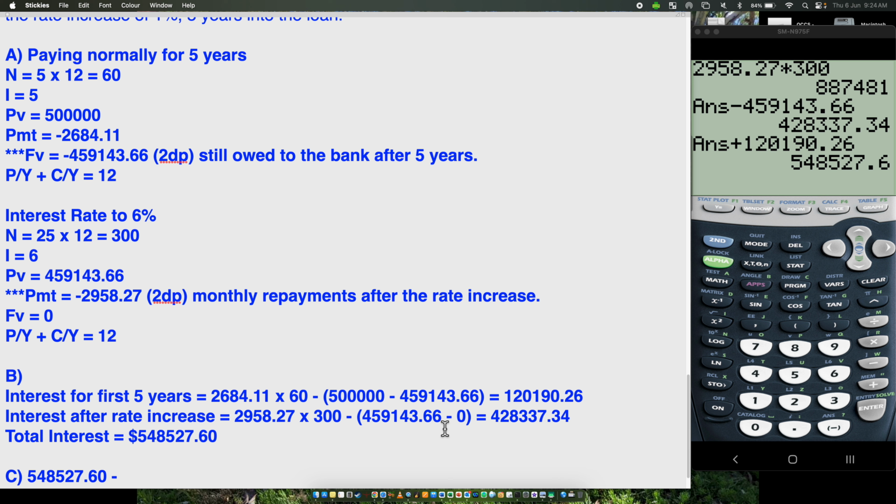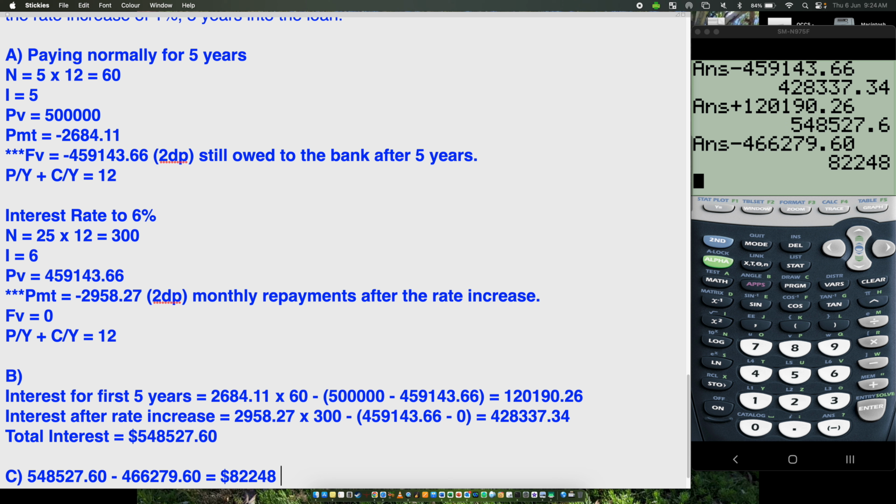Can someone check that he's reading it out right too? $466,279.60. Take away $466,279.60. $82,248 more in interest because of the 1% interest rate rise.